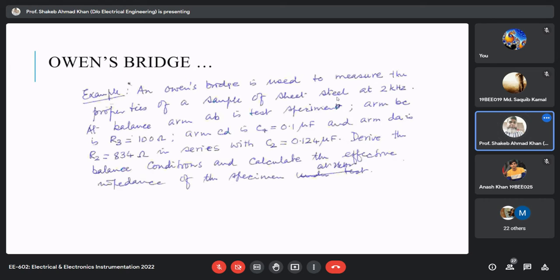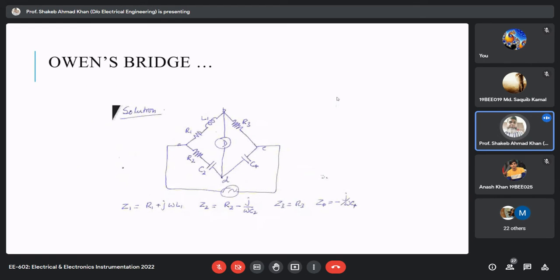Now if any sheet steel has some defect during manufacturing, then when you measure its impedance, its value will be different from what a good sheet steel will have. The procedure is very simple. They take a good sheet steel, connect it here, vary the variable component, and balance the bridge.